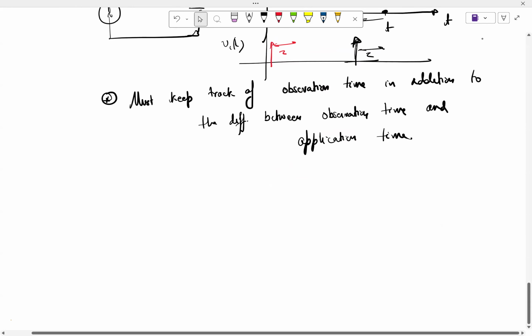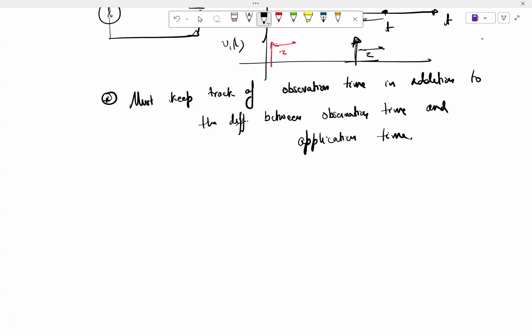So, by the way, there is a nomenclature for this, which means that I cannot use h of tau anymore. I have to have two variables to take care of. So that's why we call this h of t comma tau, where obviously h is the impulse response.